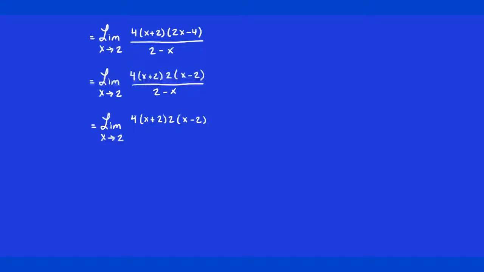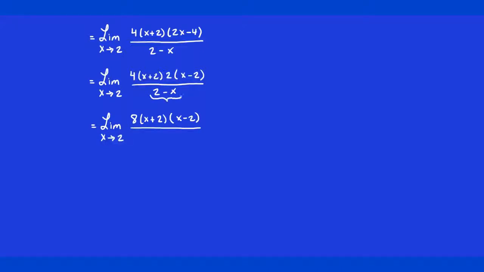Oh, we can simplify this 2. Let's do it at this moment, just to stop carrying the 4 and the 2. We can multiply the 4 and the 2, and then we'll get this 8 up front. We get this x minus 2, and now here comes the thing.